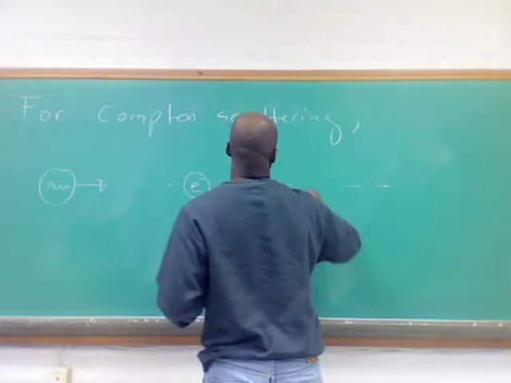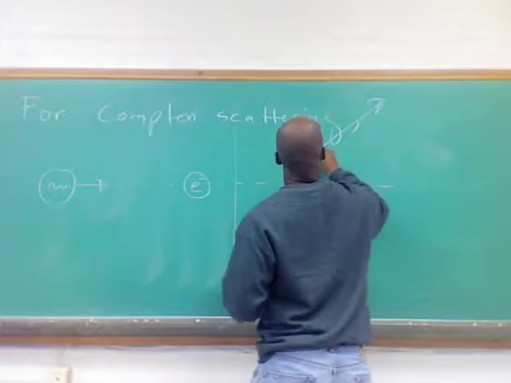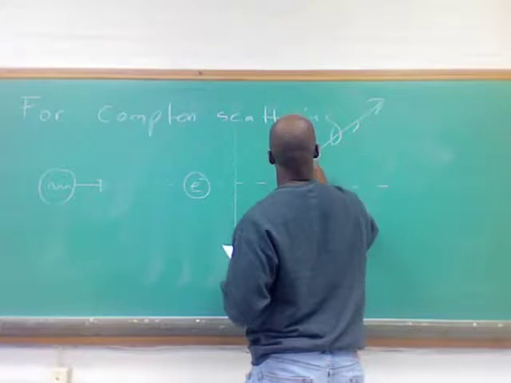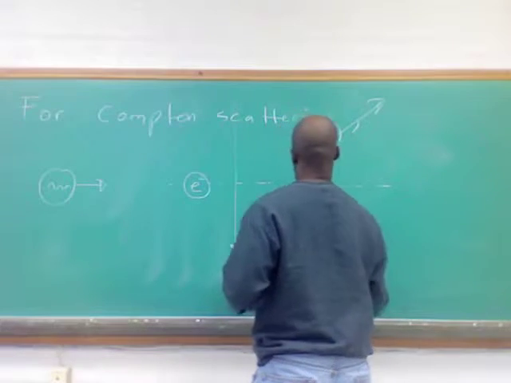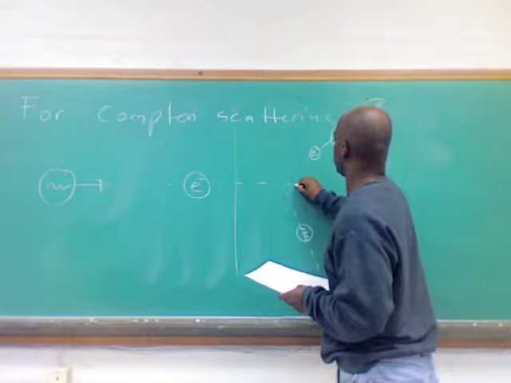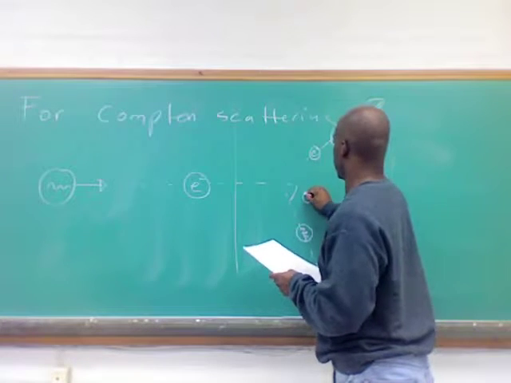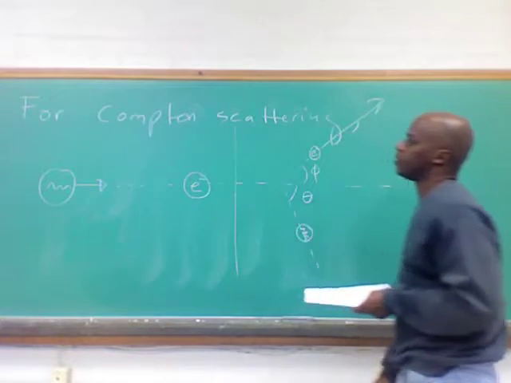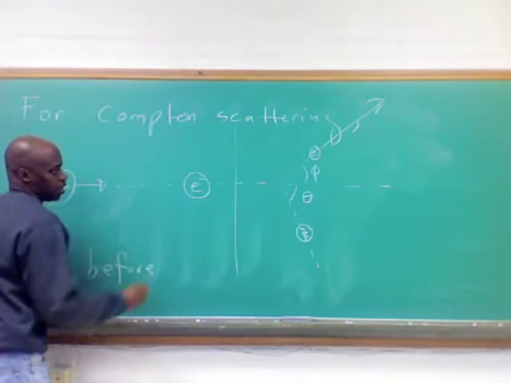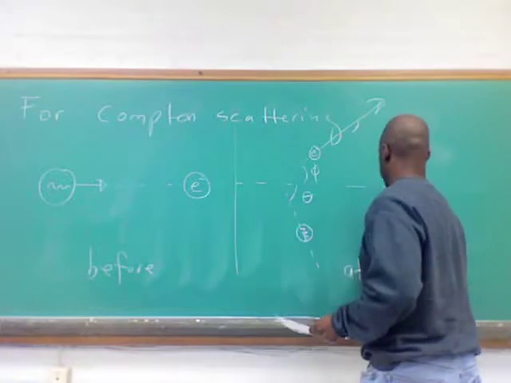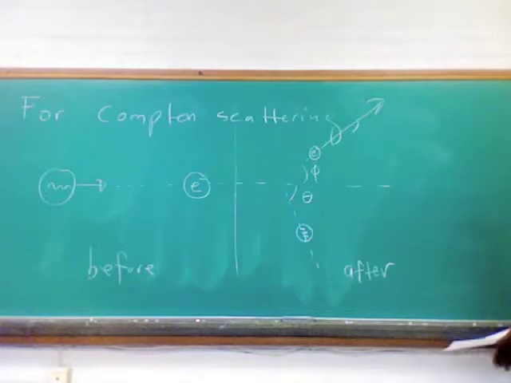It collides, and then we've got our electron going off in one direction, and our photon going off in another direction. The angles that these make with our axis are angle theta and angle phi. So this is before the collision, and this is after. Alright, so no problems there.